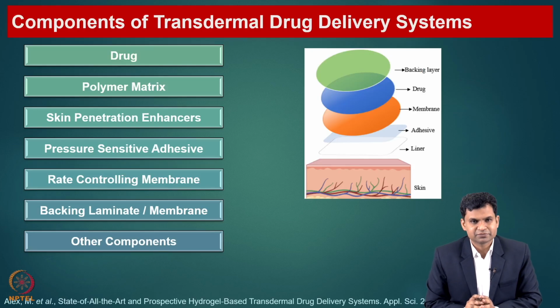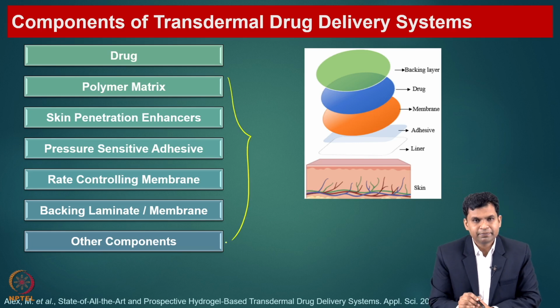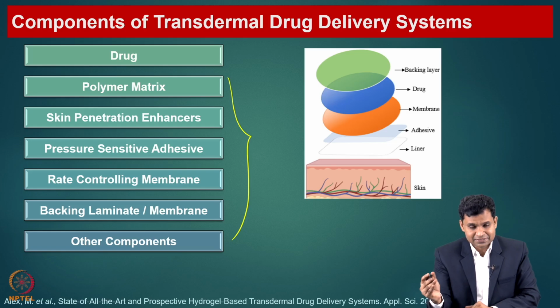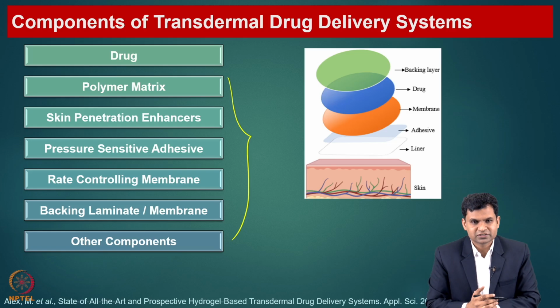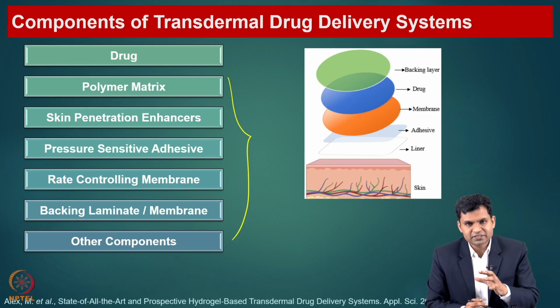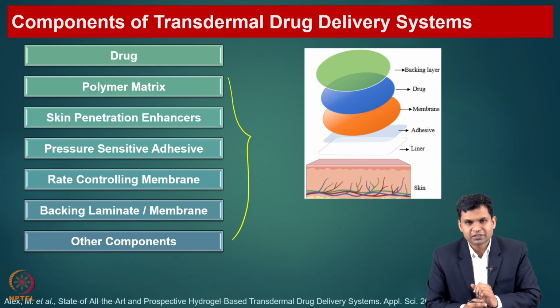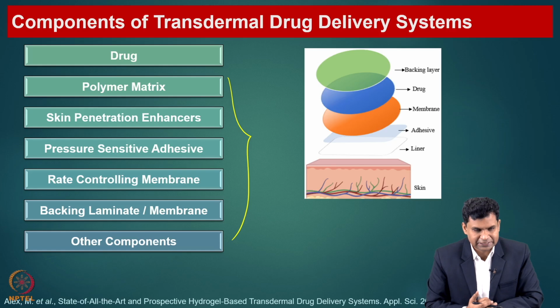So, today we are going to discuss an interesting topic, that is the components of transdermal drug delivery systems. It is very important because these components will help in the permeation as well as controlling the release, and it will help in the long time storage of the drug. So, the selection of the components while designing transdermal patches is very important.